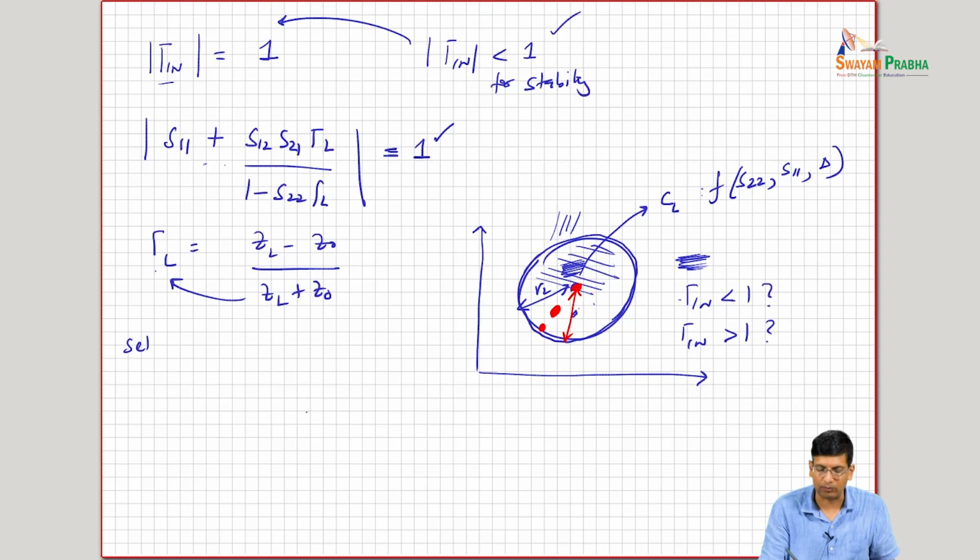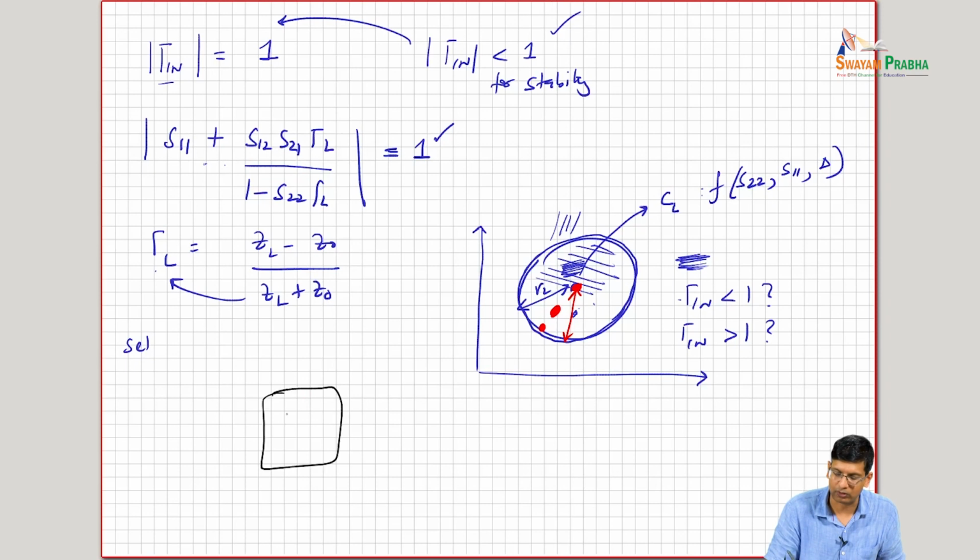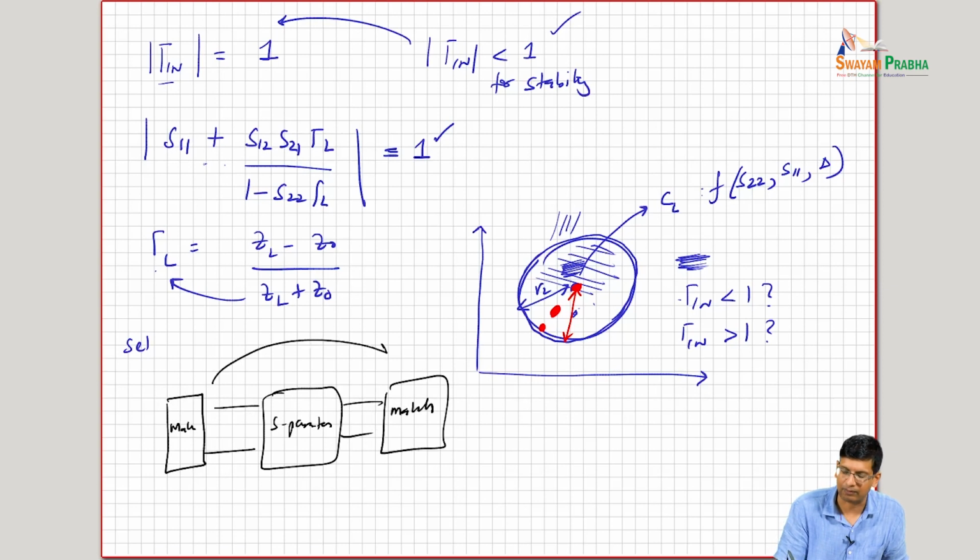So it cannot be true that there is some leakage model in your system where you have your two port for which the S parameters have been characterized. You decide that I'll basically have my matching network and my matching network, but it turns out that there is some coupling between your matching networks here.